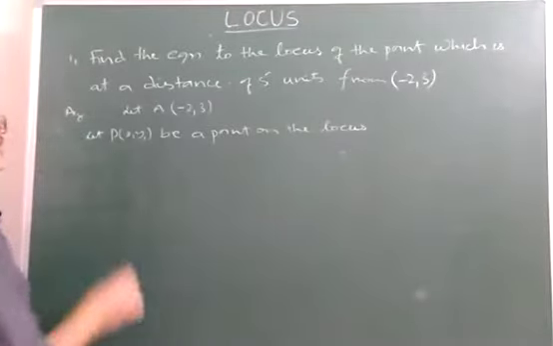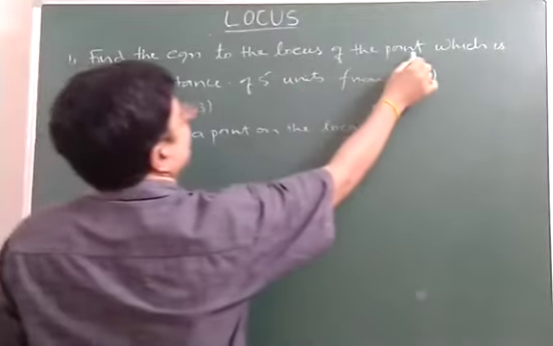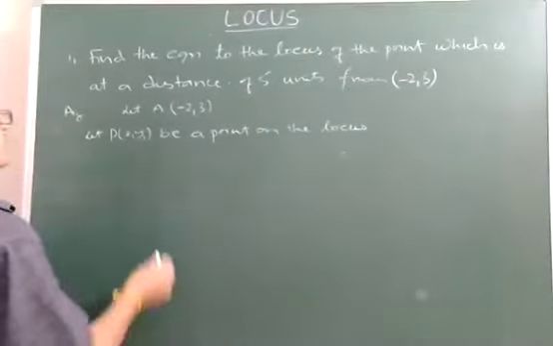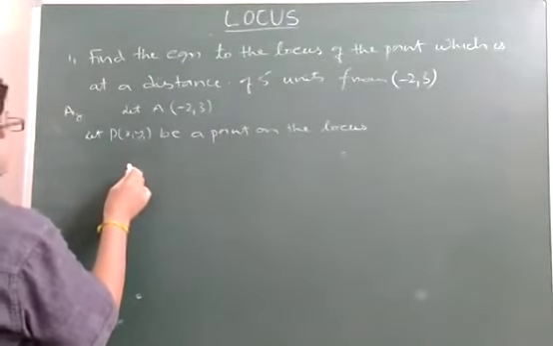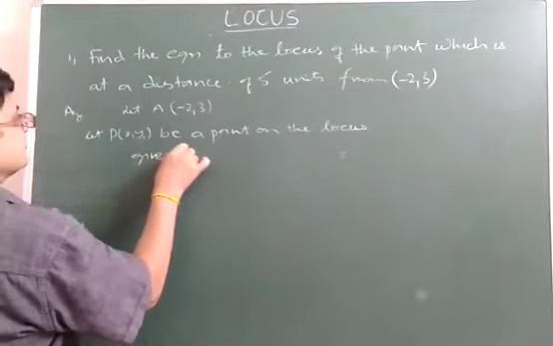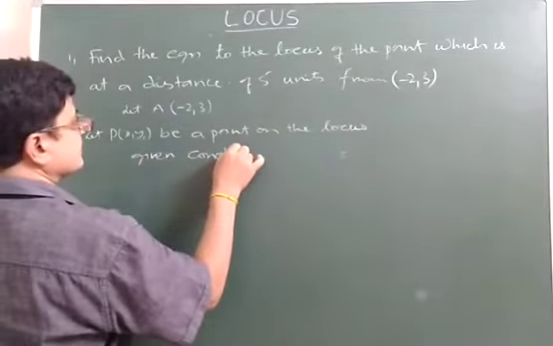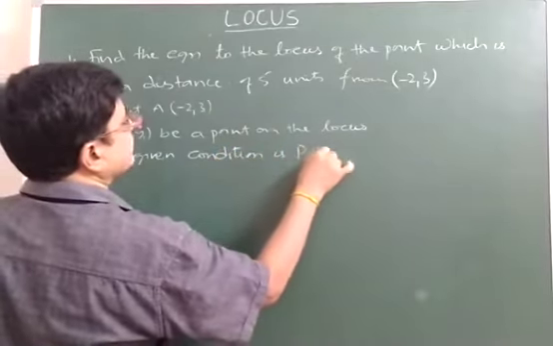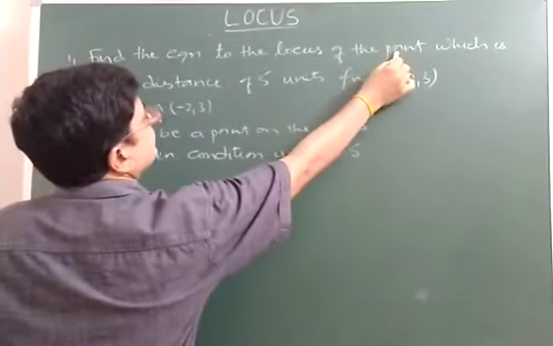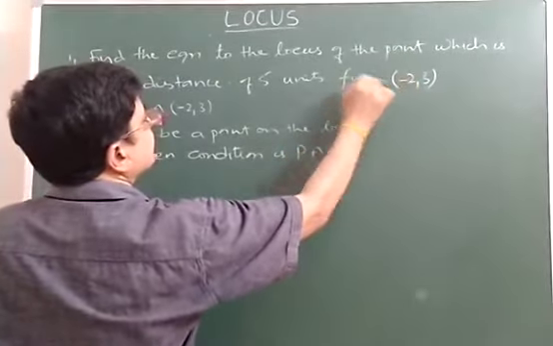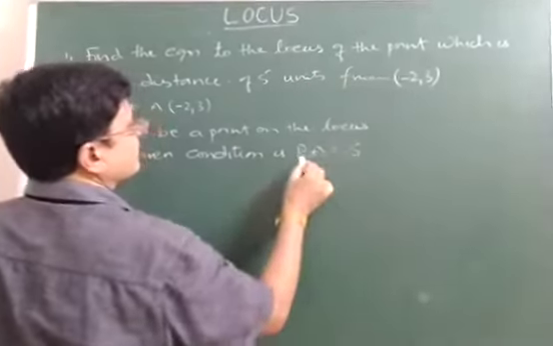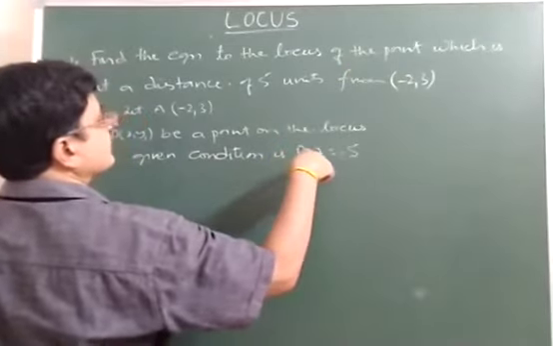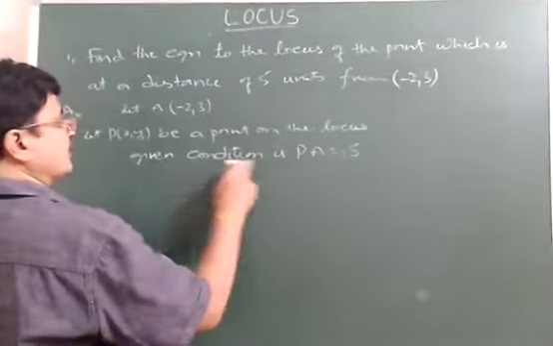Here the given geometrical condition is that the point is at a distance of 5 units from the point A. That means the geometrical condition is PA is equal to 5. We are taking a point P which is 5 units distance from (-2, 3). It is taken as A and the required point is P (x1, y1). PA is equal to 5. This is the geometrical condition.